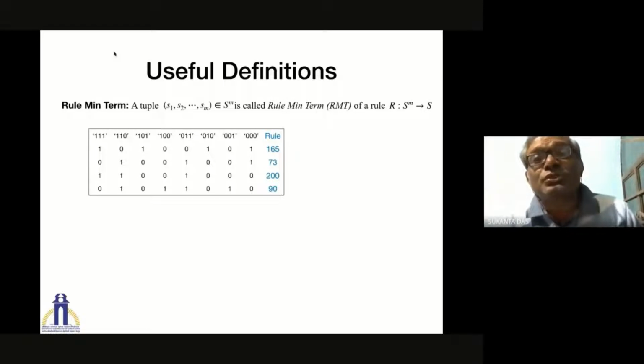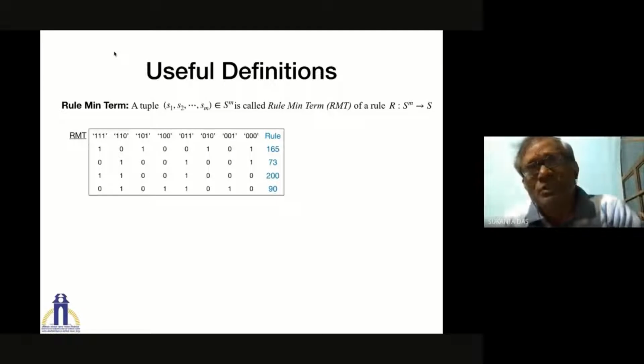From 0, 0, 0, we can get up to 1, 1, 1. So 8 combinations of the states, each combination is called a rule min term, in short RMT. So you understand that RMT is actually the elements of the domain.